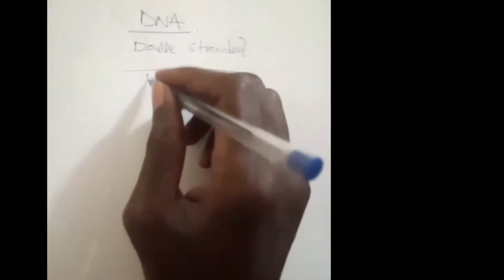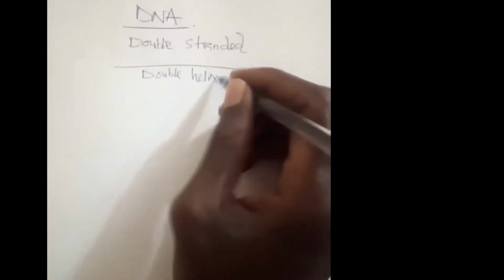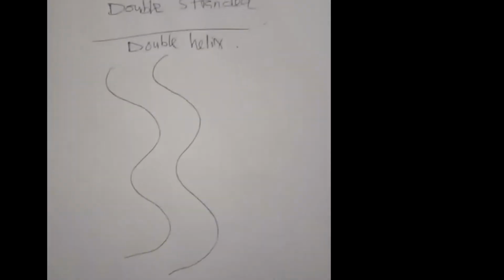It forms a double helix. So roughly, this is the double helix. We've got the phosphate backbone, then we've got nitrogenous bases.